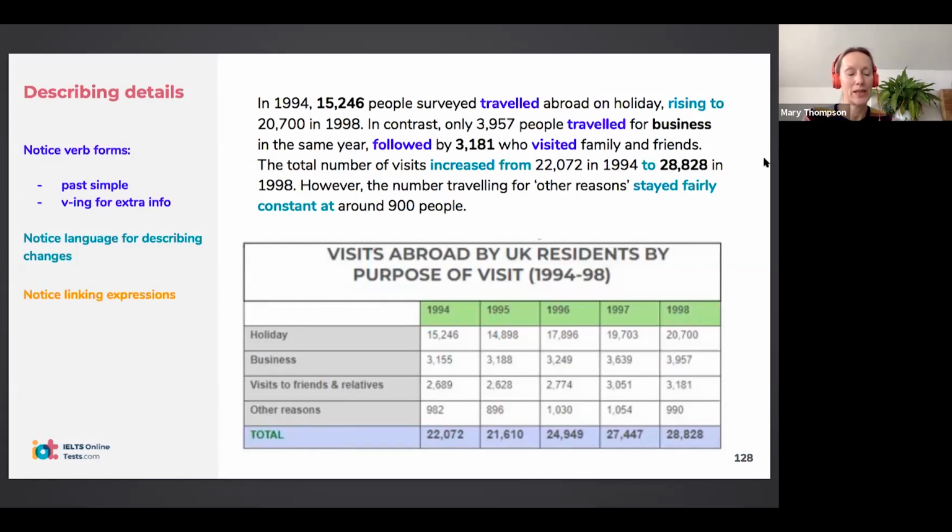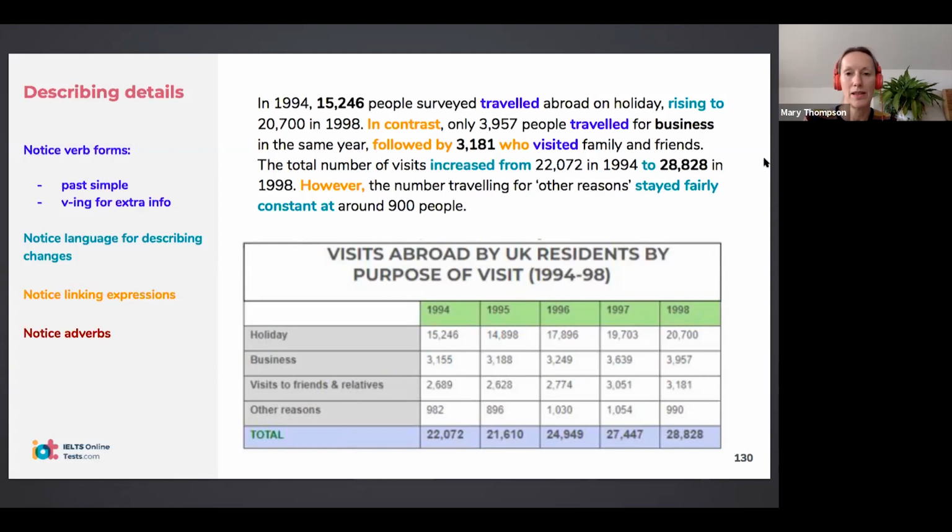Linking expressions. Which linking expressions can you see? Yeah, in contrast, that's right. So we've got in contrast, followed by who and however. So just try to use a variety of those expressions if you can. And then adverbs.